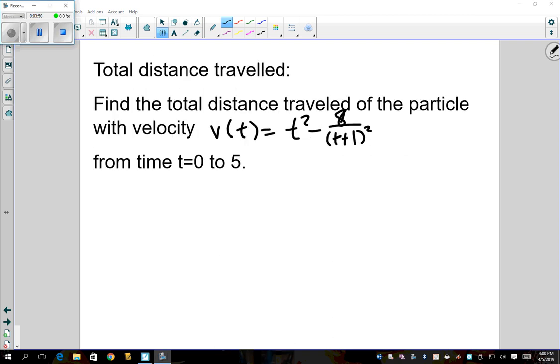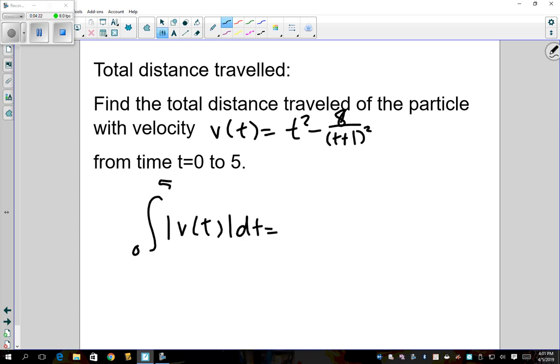So here I'm asked for the total distance traveled. In the previous example, I was asked for the particle's position, so I used the displacement. Displacement can be positive or negative, but since I'm dealing with total distance traveled, I need to take the absolute value, not of this integral, but of my velocity function.